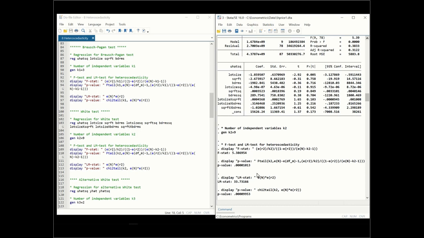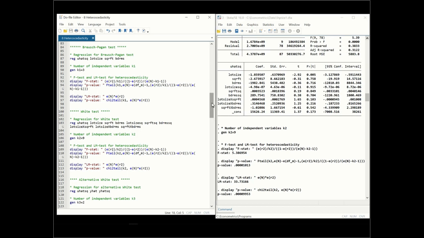That's the same as here. And using the Lagrange multiplier test, we're also finding joint significance. This R square is relatively large as well, so the independent variables are jointly explaining the dependent variable.